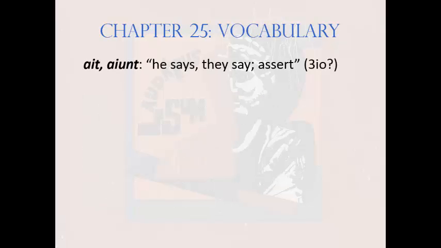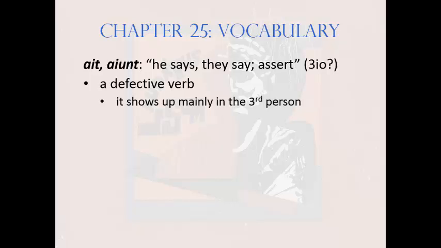The next word is a verb, ait, aiunt, meaning he says, they say, or assert. Its conjugation is unclear, perhaps third io. There's not enough of it attested to make a clear determination. And that's because this is a defective verb, meaning it doesn't have all its parts.